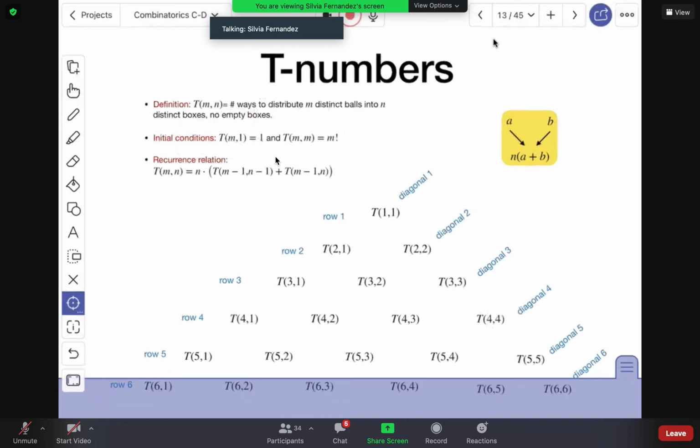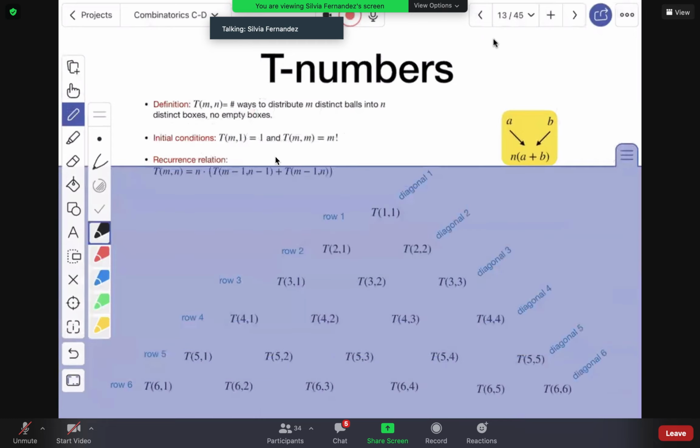Why? Because here you have m different balls into one box. There's only one way to do that: you just put all the balls into the one box. So one way. And so what is Tmm? Let's understand it. It's m different balls into m different boxes, no empty boxes. So that means that each box has to contain exactly one ball, right?